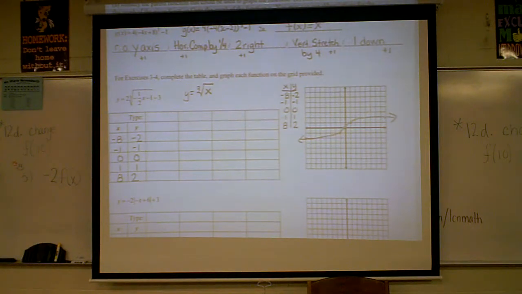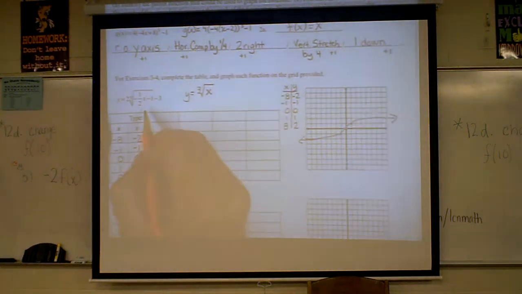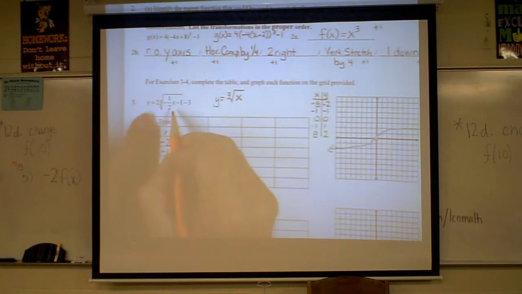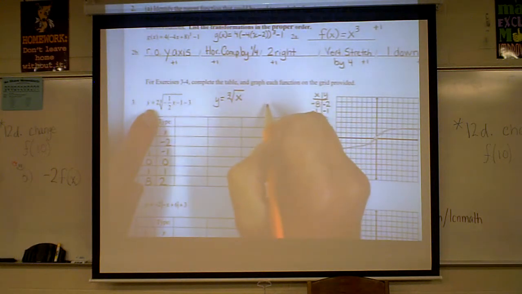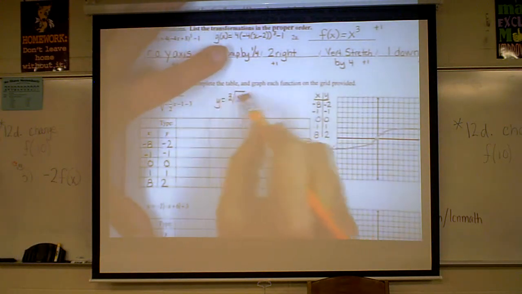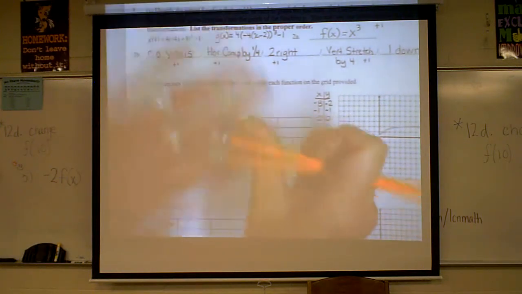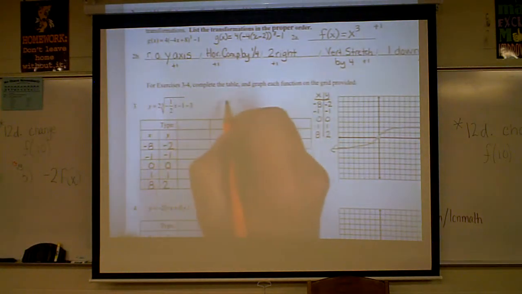So now what we need to do, we need to take this y equals 2 times the cube root of -1/2 x minus 1. We have to pull out this -1/2.